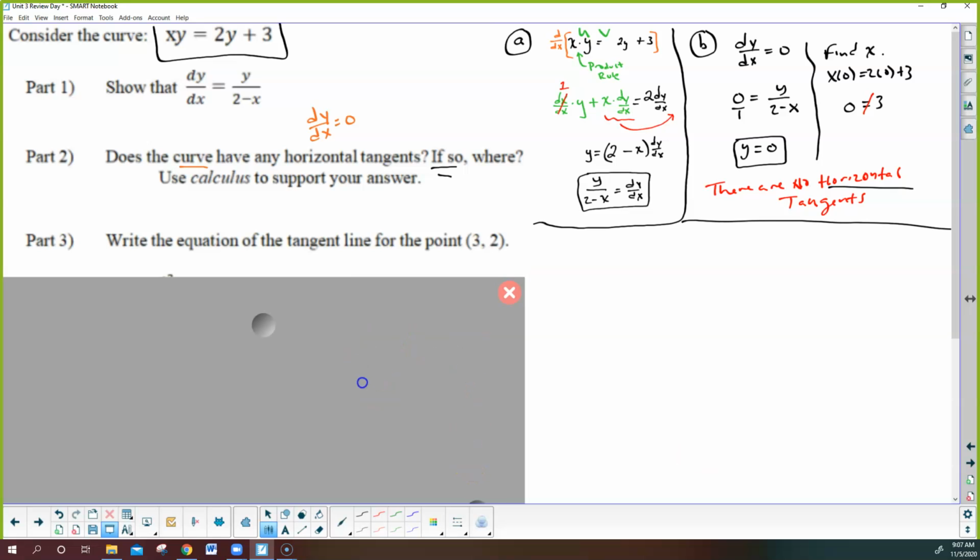All right, this is a big one, part 3. So I'll give you another minute to work on this.